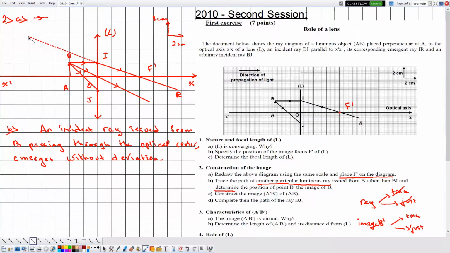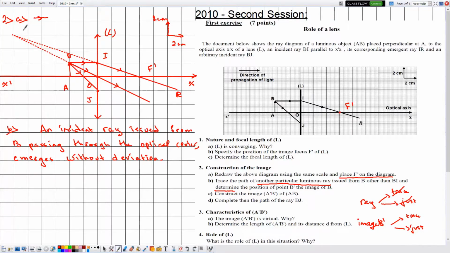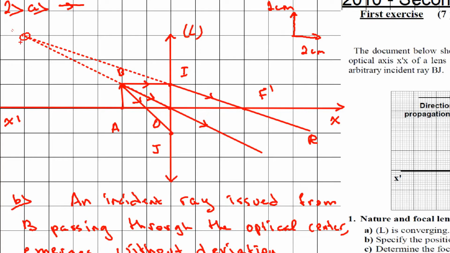So this is the prolongation of the first emergent ray, which is parallel to the optical axis, and this is the prolongation of the second emergent ray. This is the second emergent ray. So this is the prolongation of the second emergent ray. And this is the point of intersection of the prolongations.